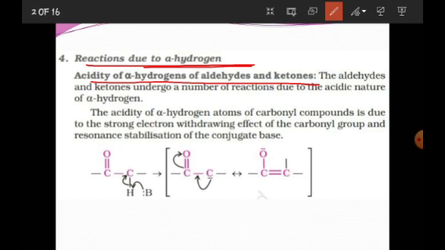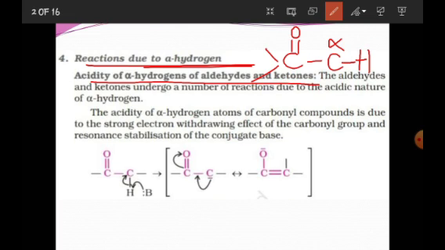Before that, let me tell you what is alpha hydrogen. As you all know, this is the carbonyl group which is present in both aldehydes and ketones. Now, suppose there is one carbon here, then this carbon is known as alpha carbon. It can be on the other side also, and if there is a hydrogen attached to it, then this is known as alpha hydrogen.